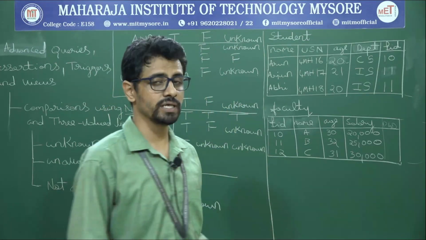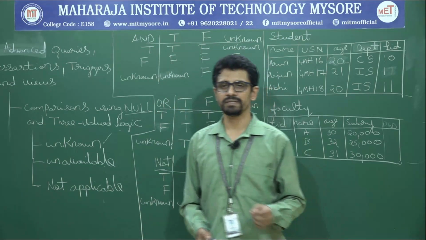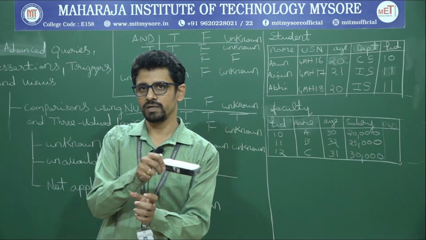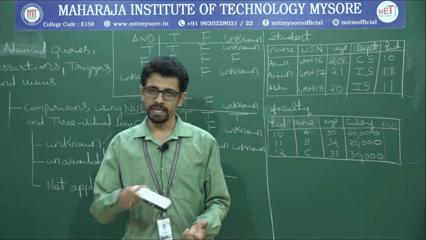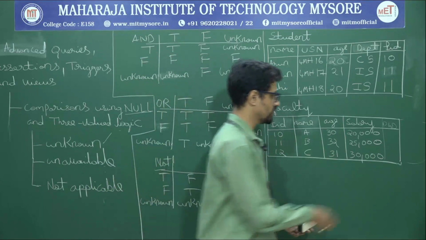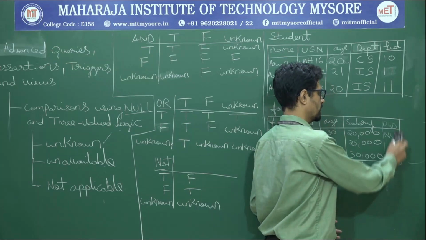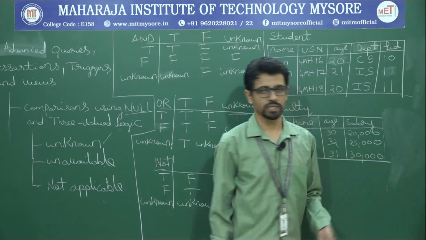That is what the third type of null is meant to be. Not applicable says that an attribute of a table, for the value of a row, will not be applicable. It might be or it might not be. In such a case also we can insert null values. That is also a possible case. Okay, so I hope this was clear.